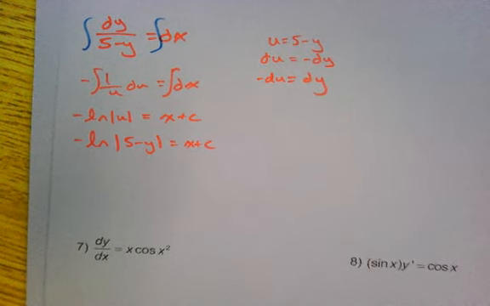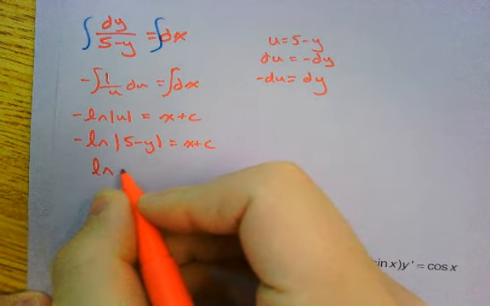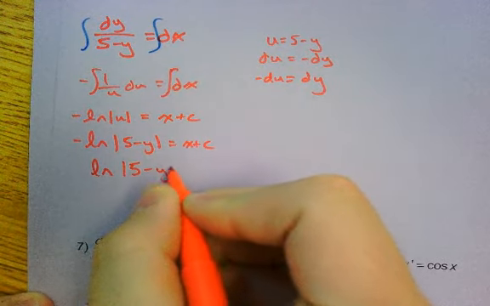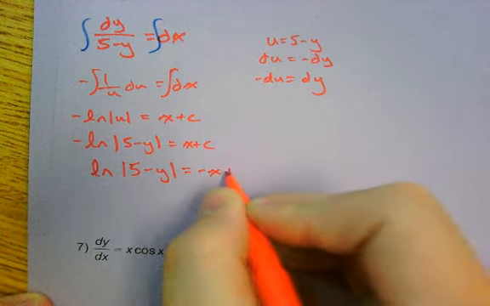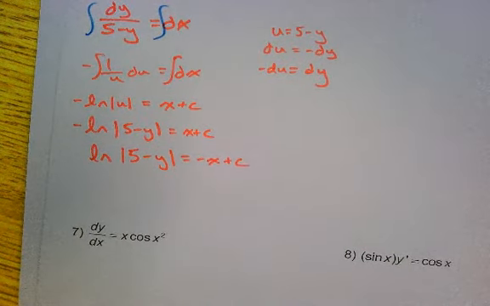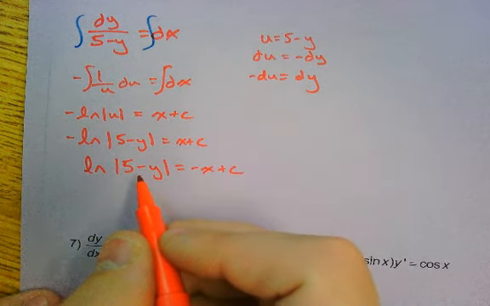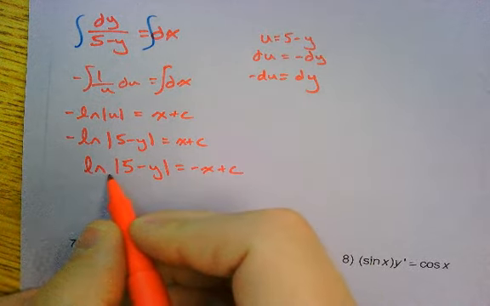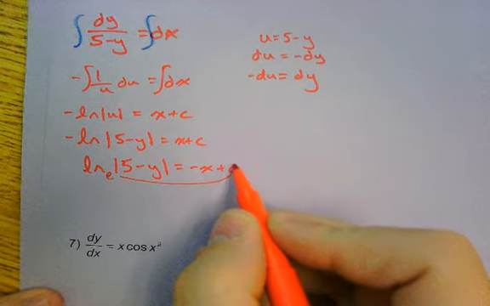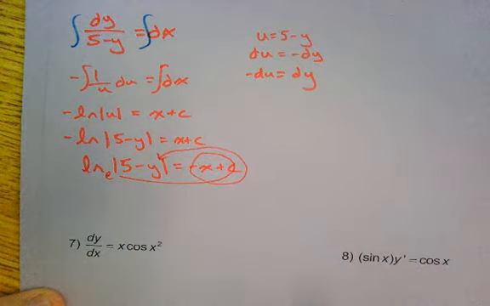Okay. So the first thing we should do here is, let's get rid of the negative first. So it's going to make it ln of 5 minus y equals negative x plus c. Now we do what? So we're going to e it. So remember that looping thing I showed you? The base here is e, so it's e to the that equals that.